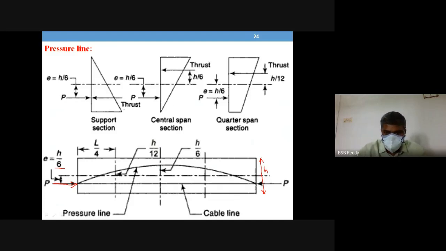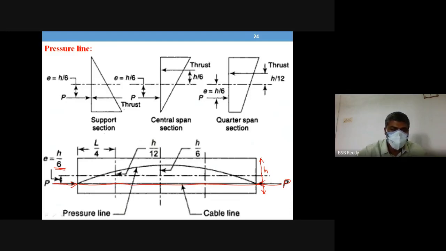It is pre-stressed by a force of P, the pre-stressing force, with an eccentricity of h by 6. Now let us see how you draw the pressure line for this. This is the cable location, the cable line we say. Now how do you get this pressure line? This is the pressure line.